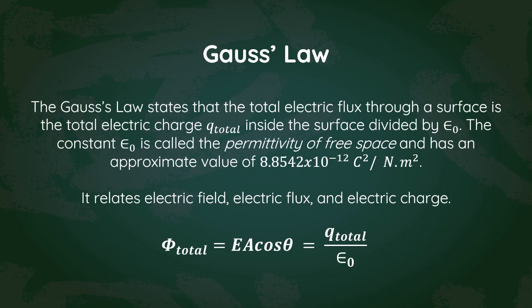Gauss's law is present in the study of electrostatics, and it states that the total electric flux through a surface is the total electric charge inside the surface divided by epsilon sub zero, where epsilon sub zero is a constant, the permittivity of free space, with an approximate value of 8.8542 times 10 raised to negative 12 coulomb squared per Newton meter squared.